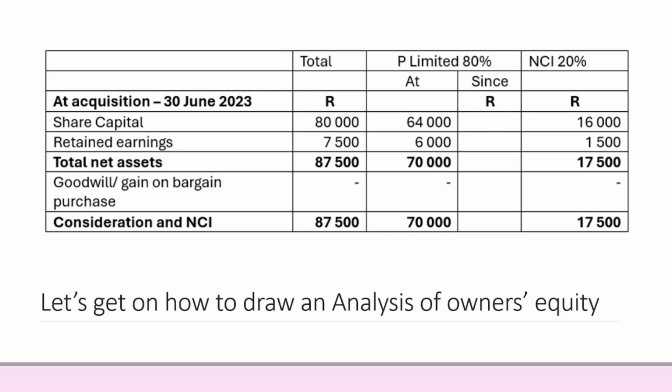The reason we separate these two is because profits will never go into retained earnings in the current year. So your credit will not be profit for the year, but your credit will be retained earnings for periods before the current year.